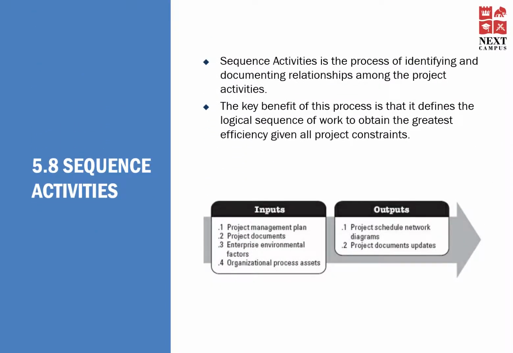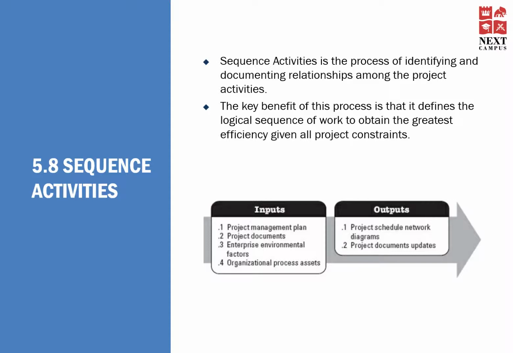The next process is sequence activities. Remember, we talk about developing a project management plan. In order to develop the project management plan, there are a lot of activities. We are discussing a lot of them, and at this point what we talk about is sequence activities.